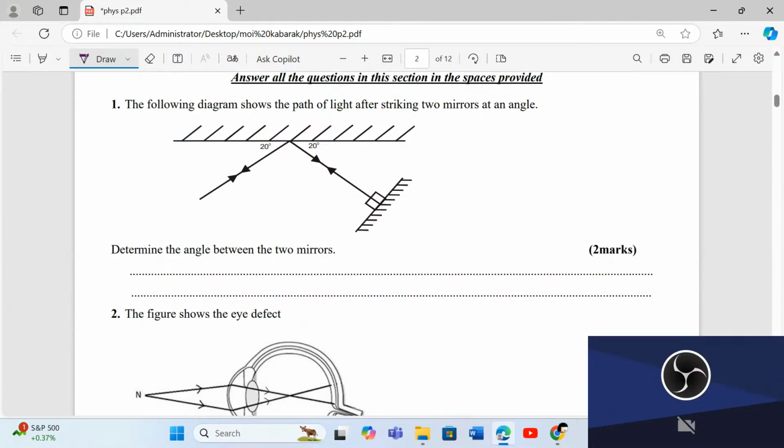Therefore, from your own imagination, you can complete the diagram so that you can see at which side these two mirrors are in. I'll complete mine like this.